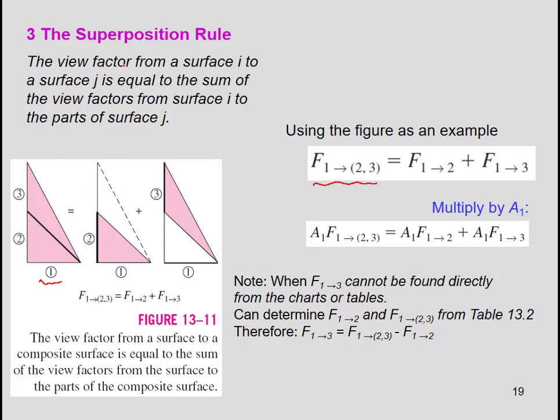So the view factor from surface i to surface j is equal to the sum of the view factors from surface i to the parts of surface j, like this configuration.